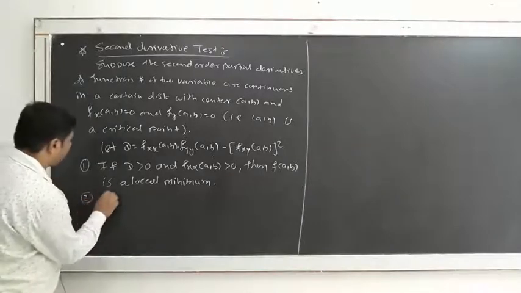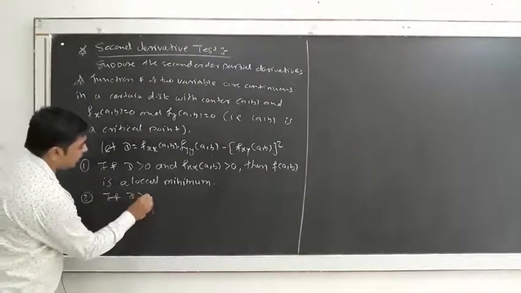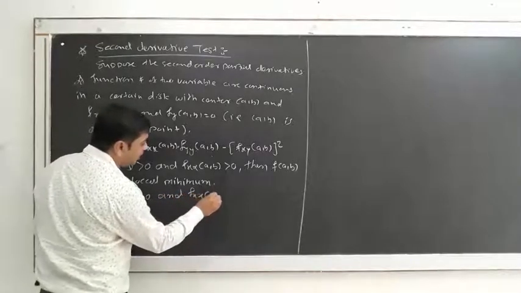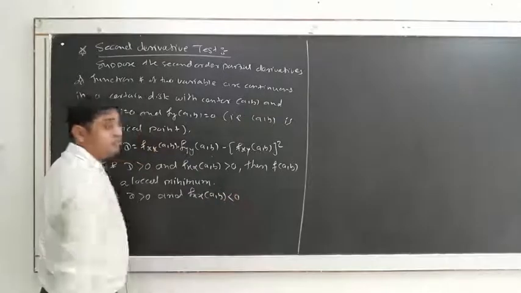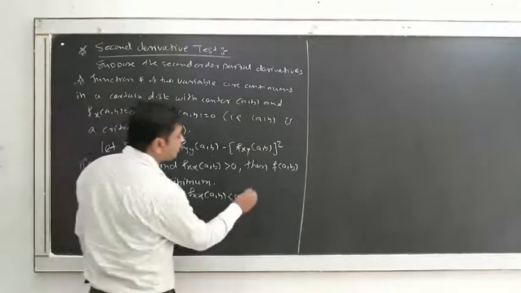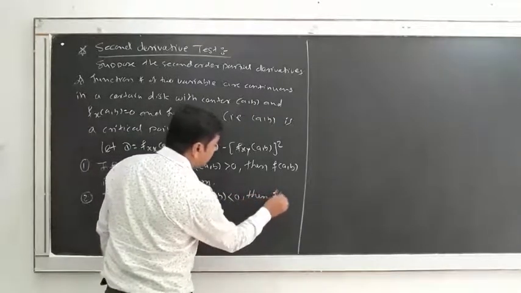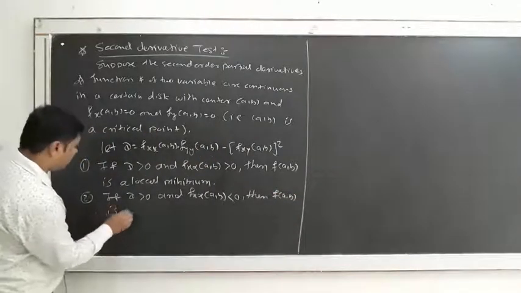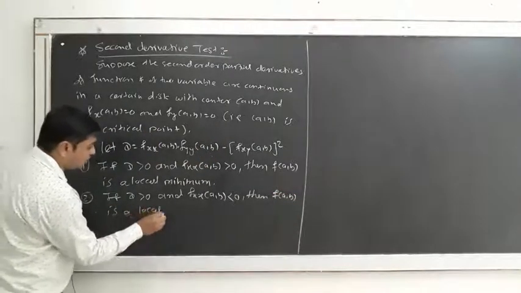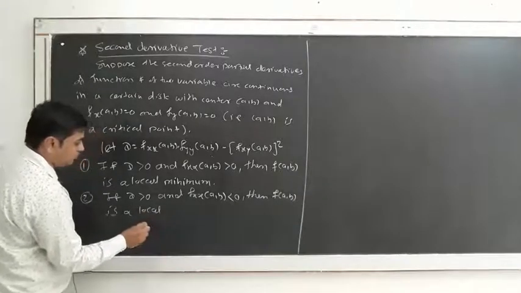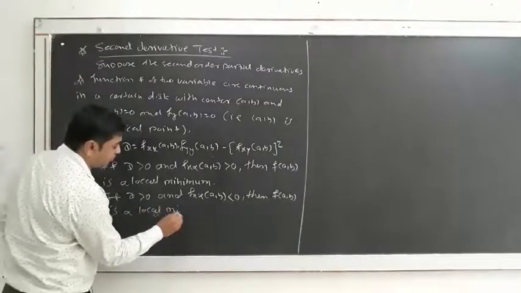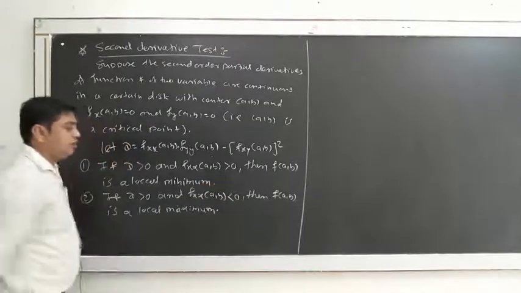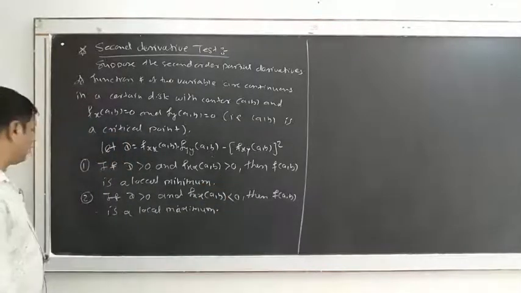Second, if D is greater than 0 and fxx at (a, b) is less than 0, then f(a, b) is a local maximum.